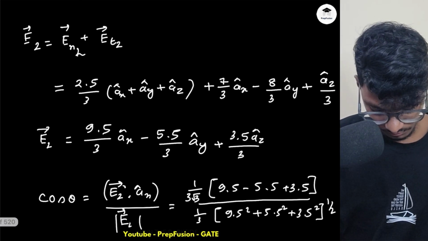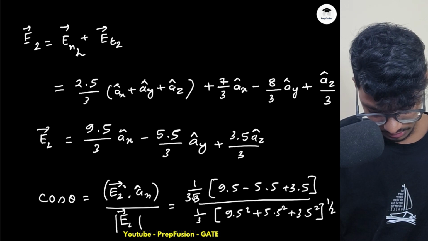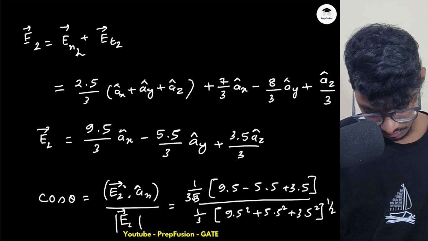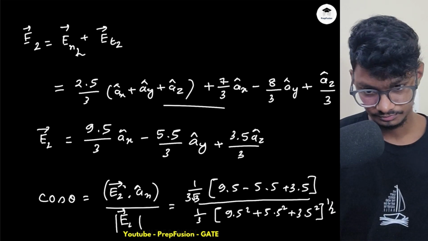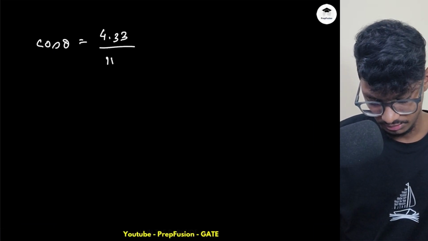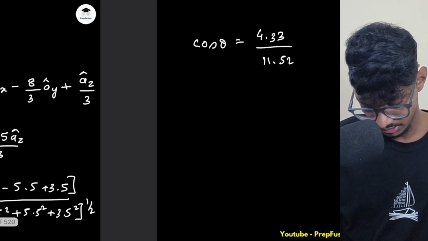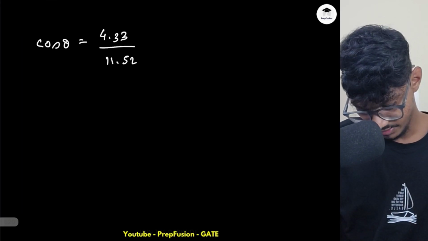And 9.5 square plus 5.5 whole square plus 3.5 whole square under root, so it will be 11.52. And if I divide 4.33 by this, I will get 0.376.